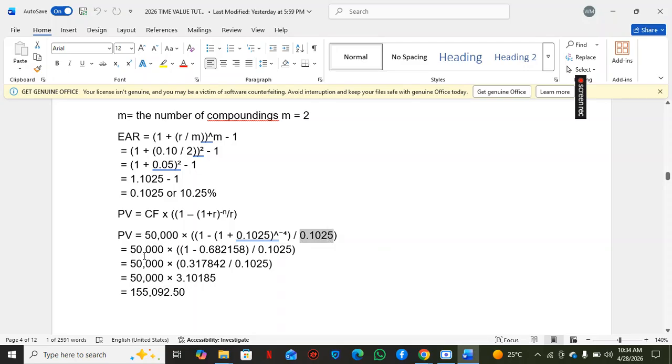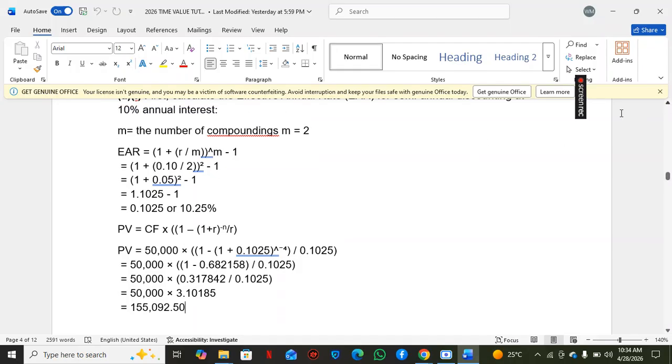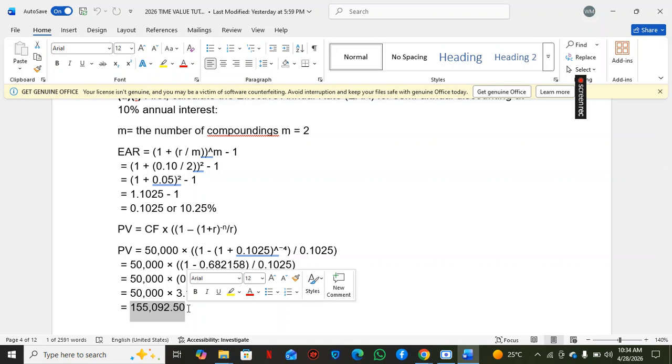Once we do these tabulations here, we get our present value of 155,092.50. So this is the present value of this annuity, 155,092.50. Any questions?